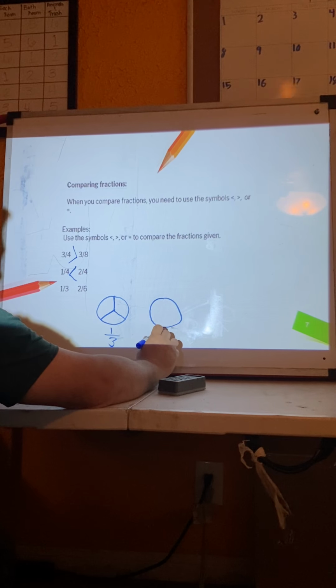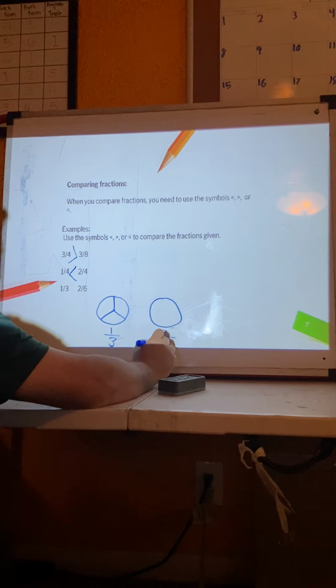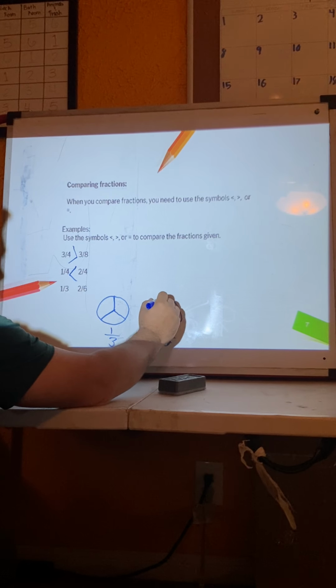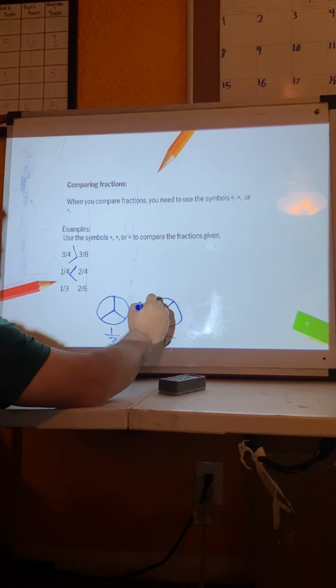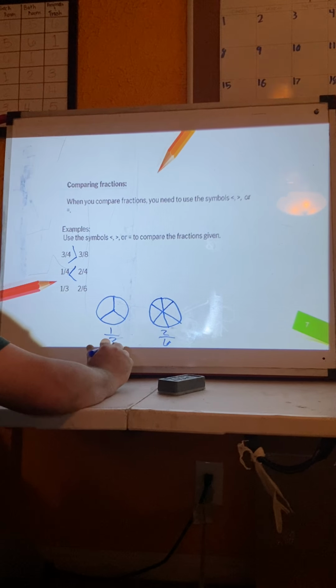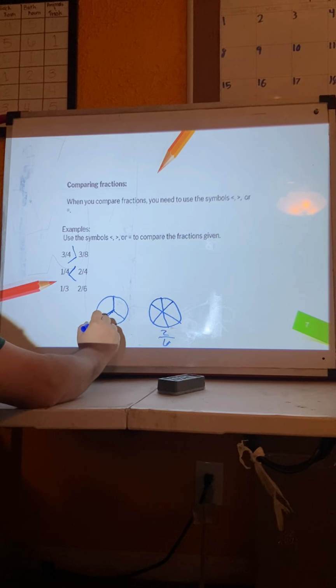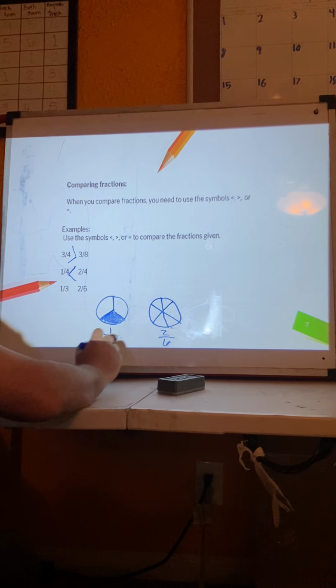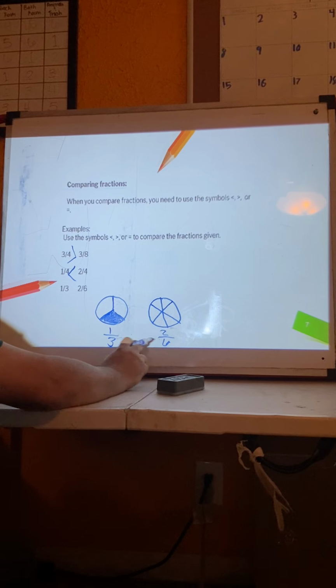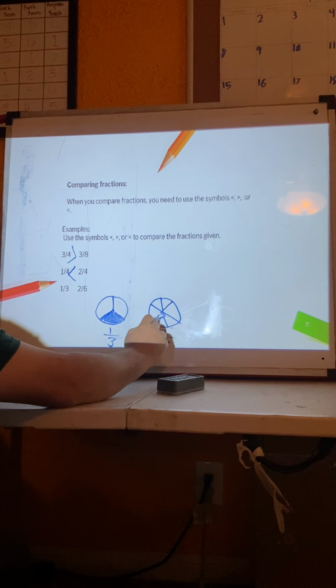The second one, I'm going to separate into 2/6, which is 6 equal parts, right? So now I'm going to finish the fraction. I have one shaded part, so I'm going to go ahead and shade one part of this. Now I need to shade 2 parts of this one. So I'm shading 2 parts.